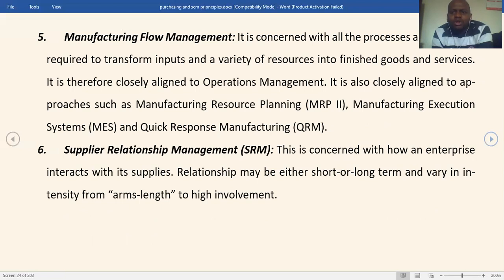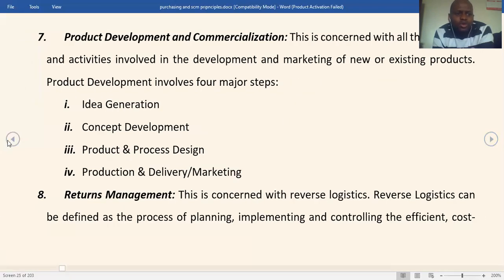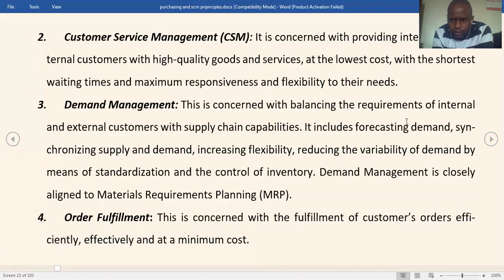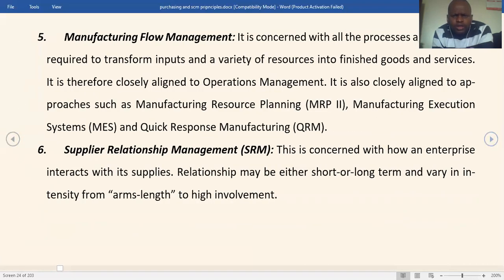This is concerned with all the processes and activities required to transform inputs and a variety of resources into finished goods, with the focus of ensuring that at the end of the day, you will be able to come up with finished products that customers are going to like. The other one is supplier relationship management. This is concerned with how an enterprise interacts with its suppliers. Remember, one of the key stakeholders in any organization is the suppliers. So you're able to interact with suppliers, either in the short term or in the long term.